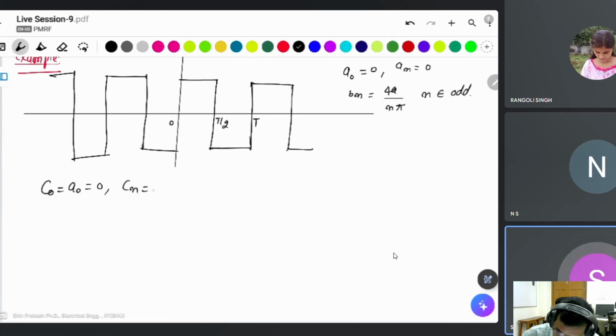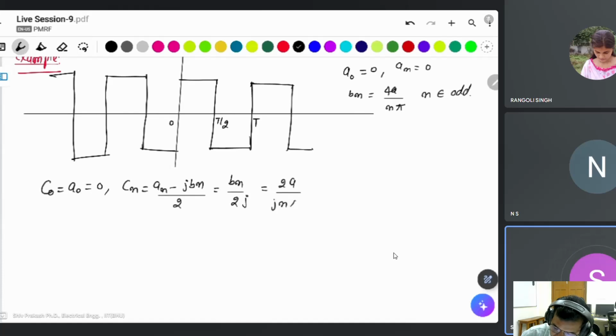Cn is equal to An minus j Bn divided by 2, which is equal to Bn by 2j. Because here An is equal to 0, only Bn, so minus j Bn by 2, multiply both denominator and numerator by j, then only 2j is there, and this will be 2A by n pi j.